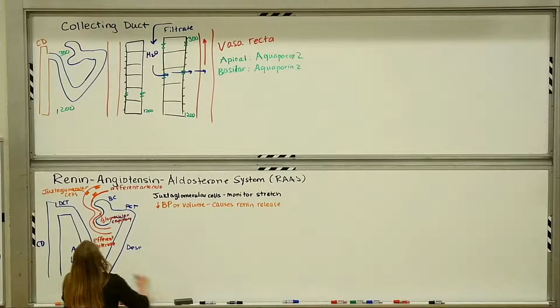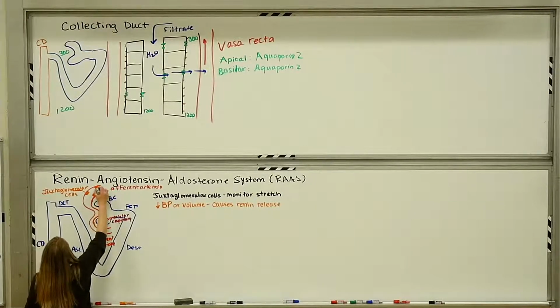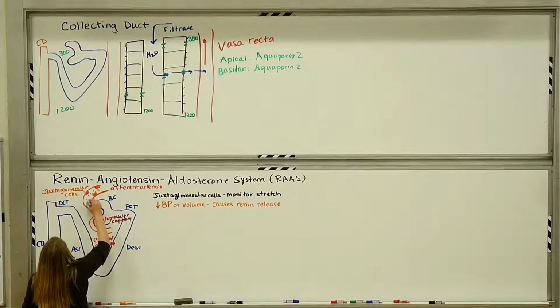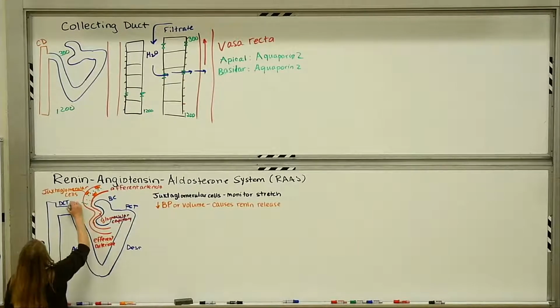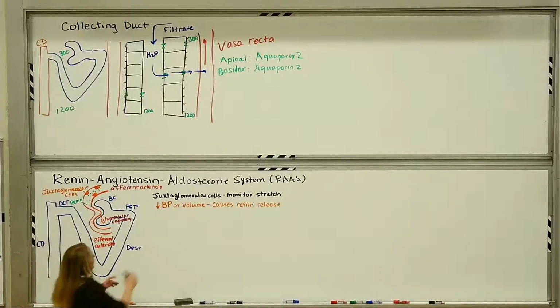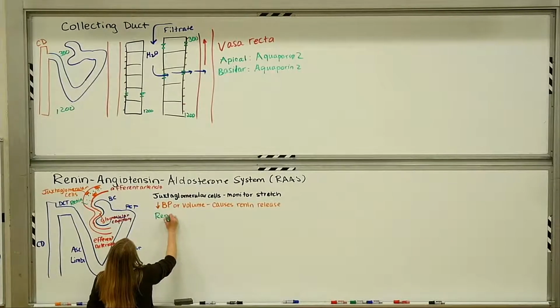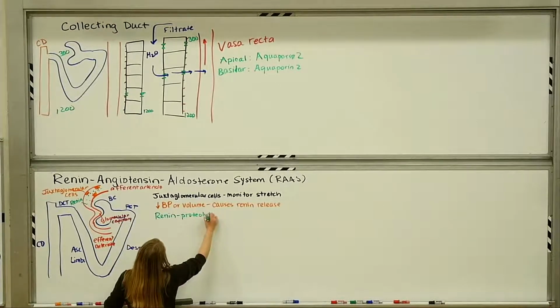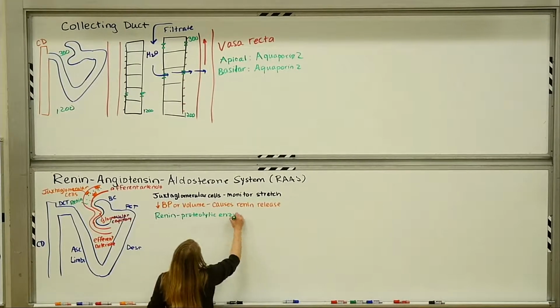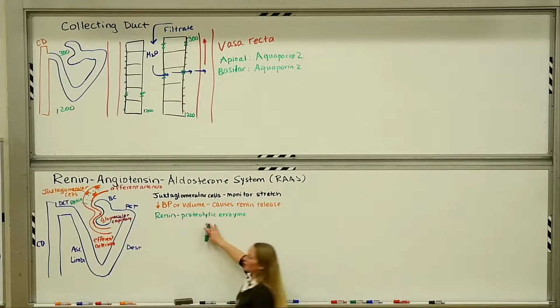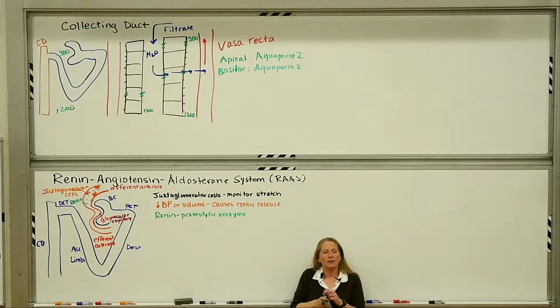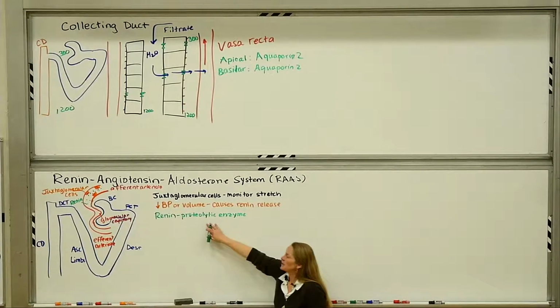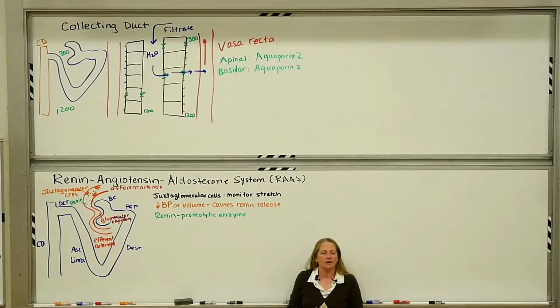So we're going to have molecules of renin that get released from these juxtaglomerular cells directly into the blood. Renin is a proteolytic enzyme. So proteo means protein, lytic means to lyse, to break. So this is going to be an enzyme that's specifically breaking or cleaving another protein.